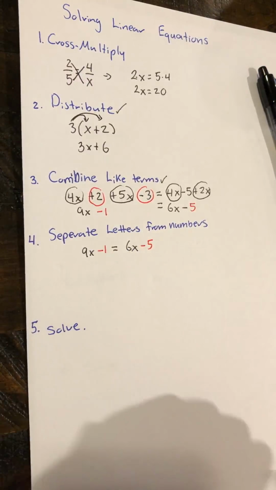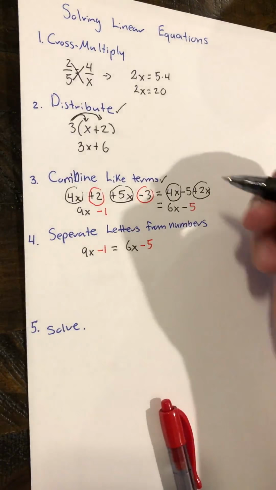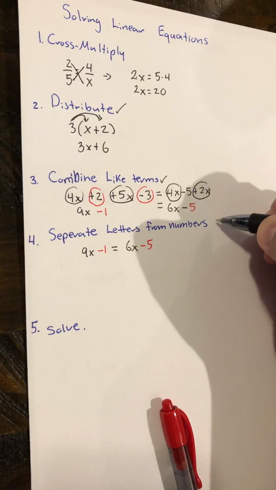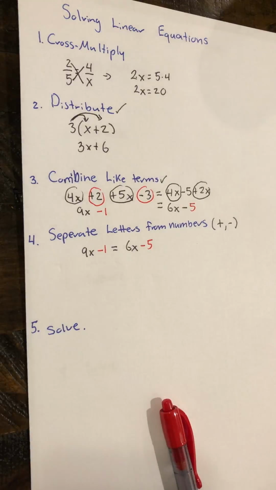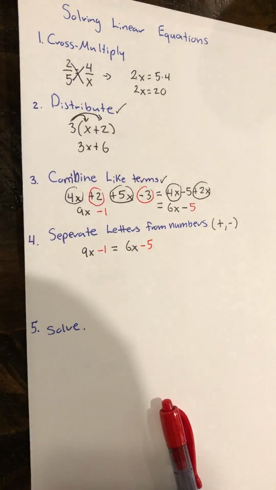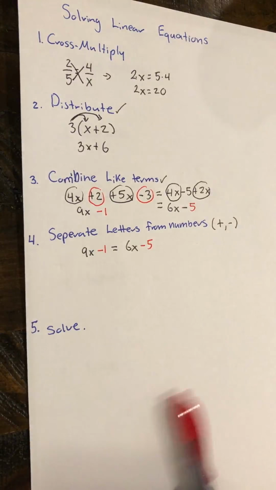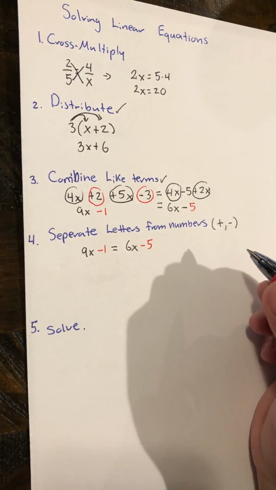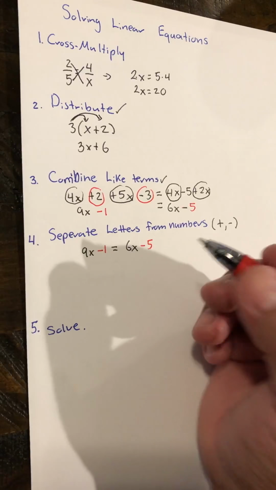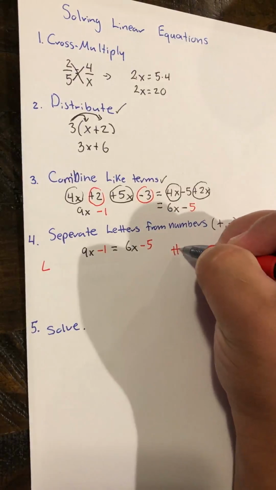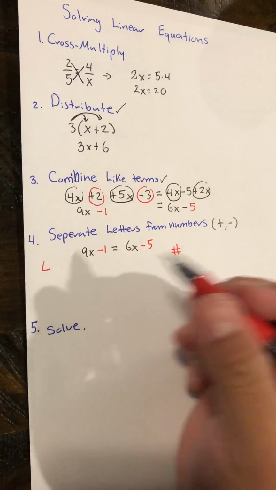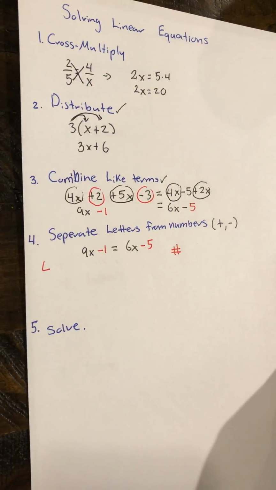When we separate letters from numbers, we use plus or minus only. So adding and subtracting only, we want to cancel using these two operations. To begin with, we label each side: I'm calling the left side my letter side, and the right side my number side.